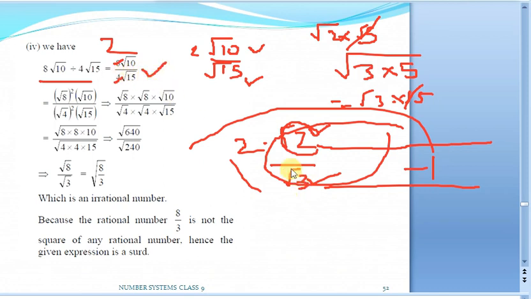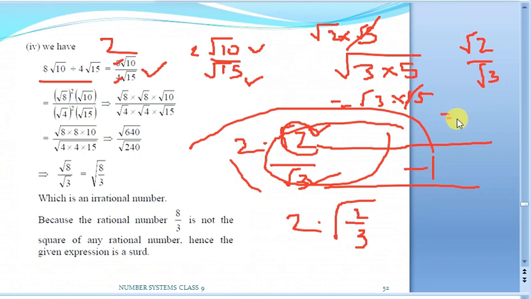So it is in the basic form. Suppose we see this square root of 2 by 3, can I write it like that? Yes, because whatever I told, if there is a common power in multiplication or division, like root 2 by root 3, I can write it as the square root of 2 by 3, no problem. Why? Because it is of the form a power n by b power n only.